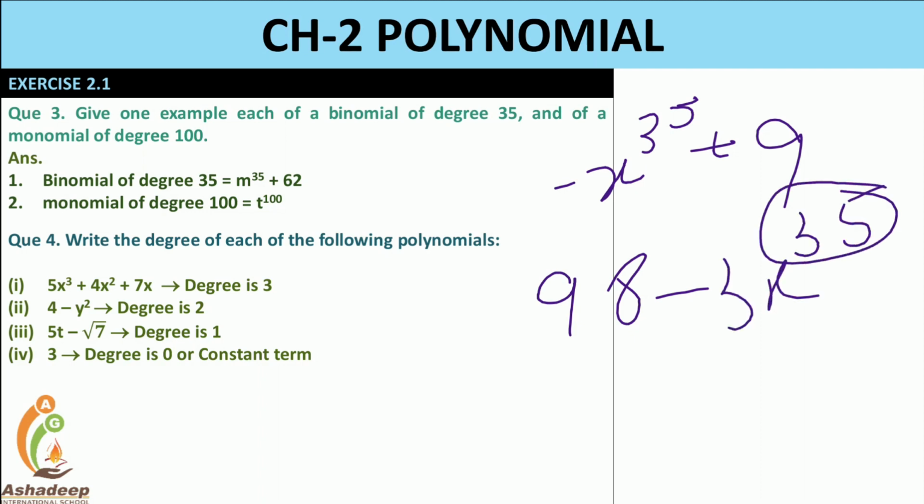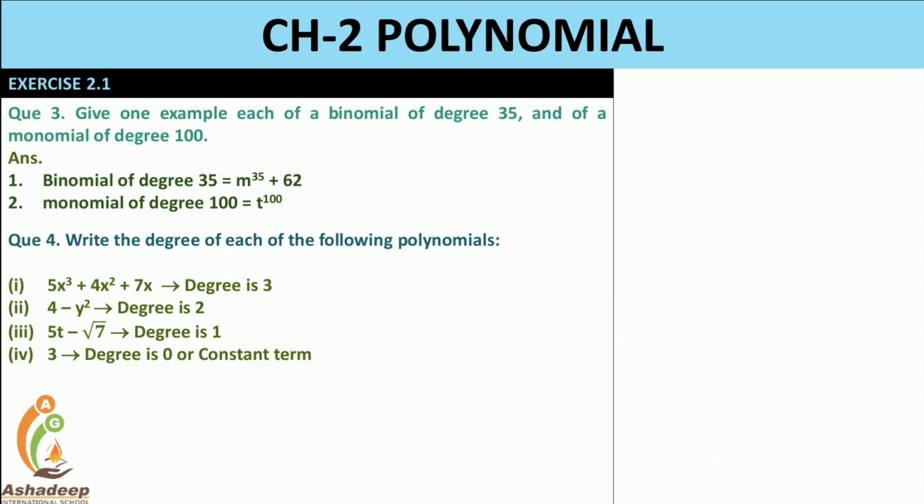In short, the highest power must be 35. There are ample examples you can write, but in the end you need to decide which example you want to write.